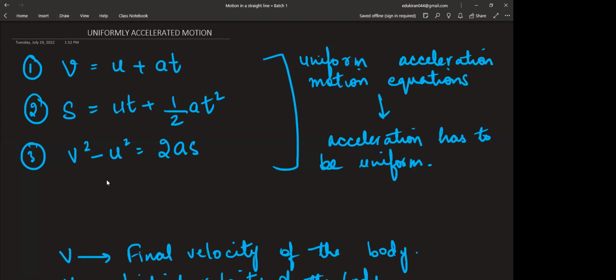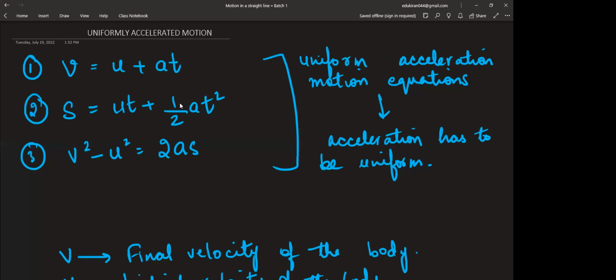So three equations we have, class. Now understand the variables first. V stands for the final velocity of the body. To differentiate the initial velocity and the final velocity, we have the symbol U for the initial velocity. Final velocity means the velocity with which the body stops.